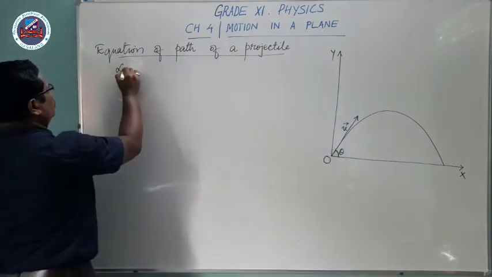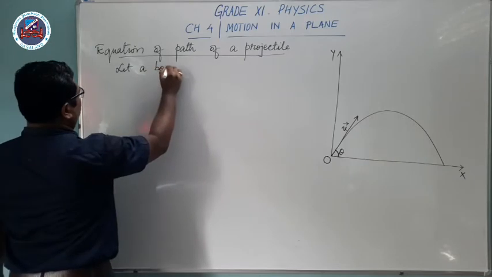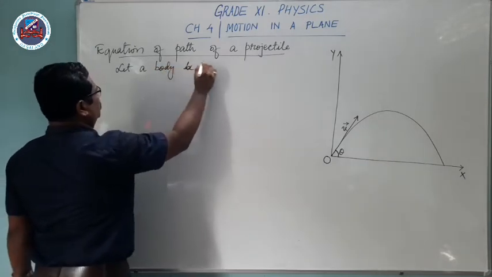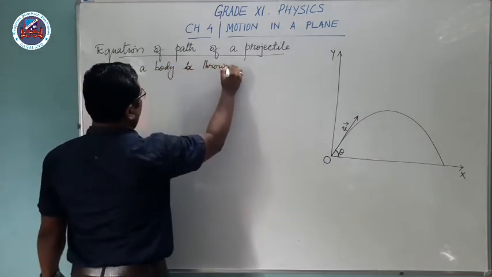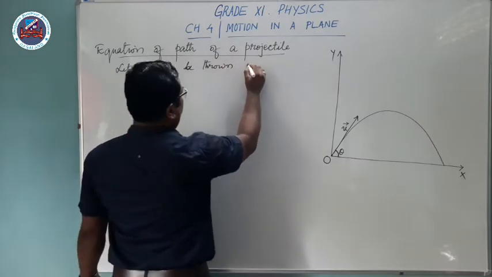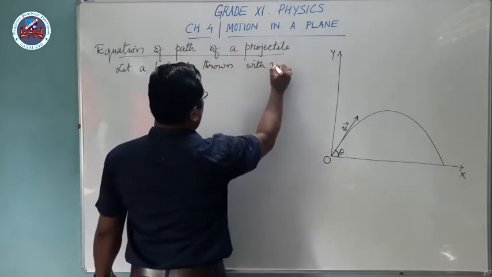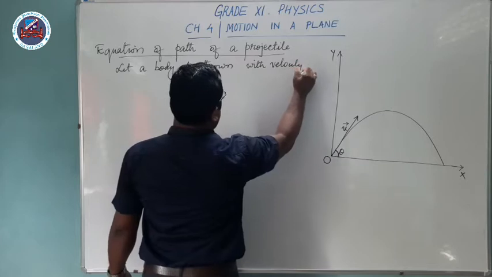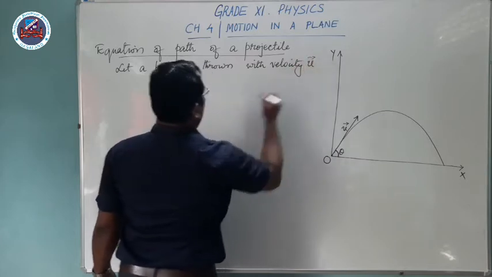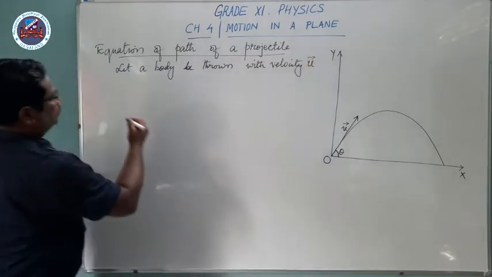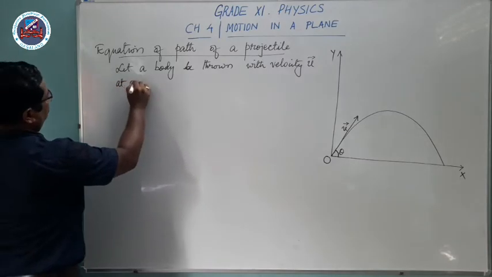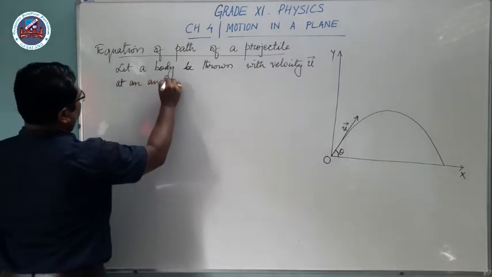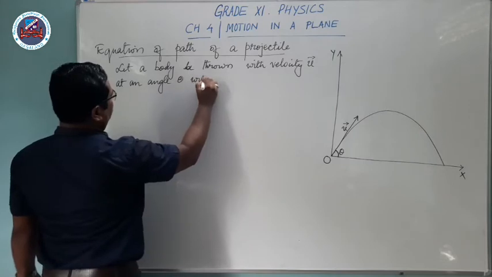Let a body be thrown with velocity u at an angle theta with the horizontal.